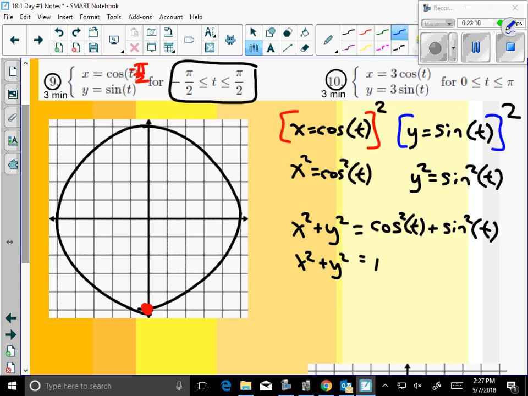And if I plug pi/2 in here, I get 0 again, but I get 0 there. Therefore, what I've got here is half a circle where my parametric travels along this curve, which is a circle, from the red point to the blue point.